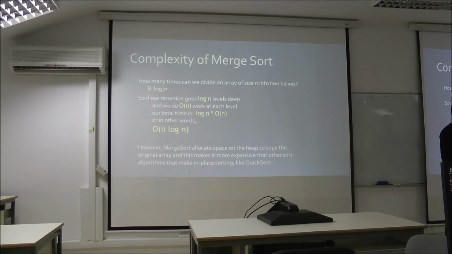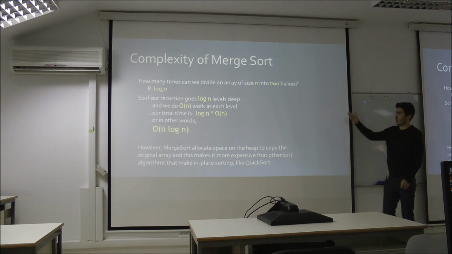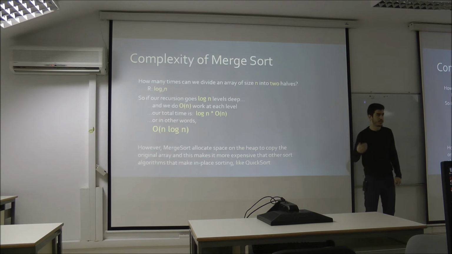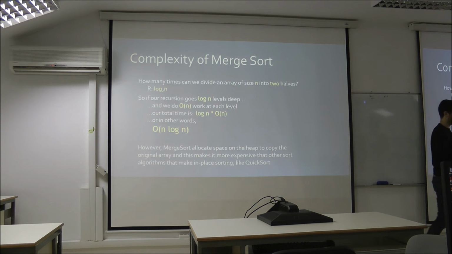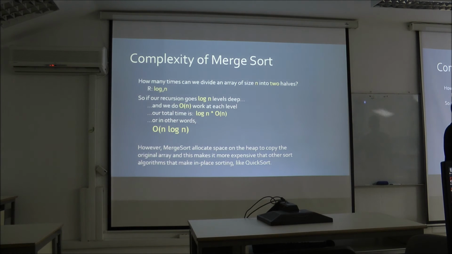So for an array with size n, we can divide it log n, log 2 n times. So if we have log n levels and we do work of complexity n in each level, we will get a final complexity of n log n.